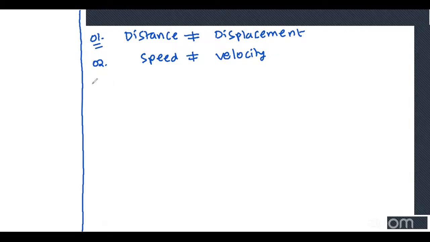And it is not constant. It is variable, it is varying. So acceleration is non-zero.